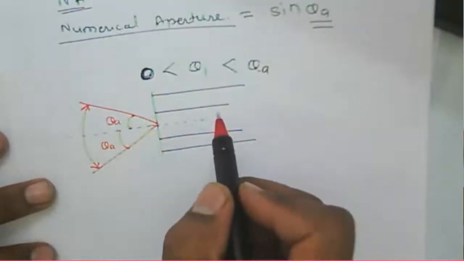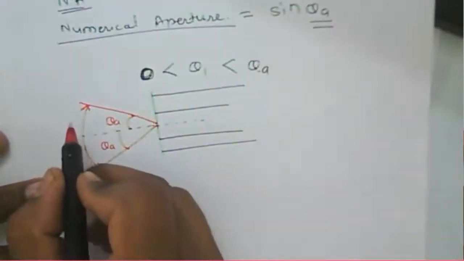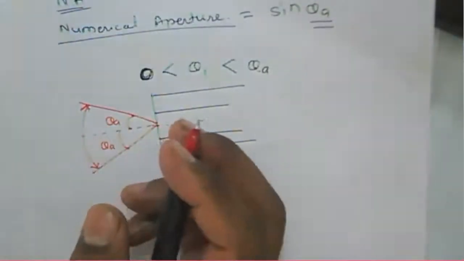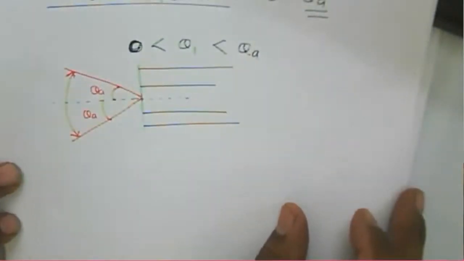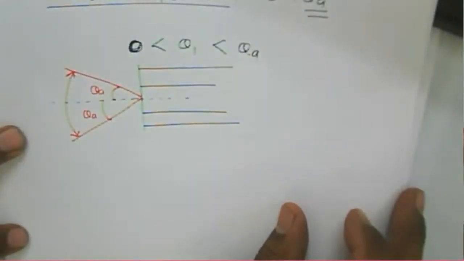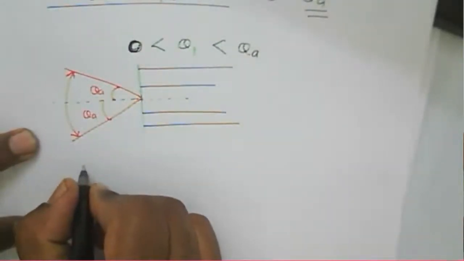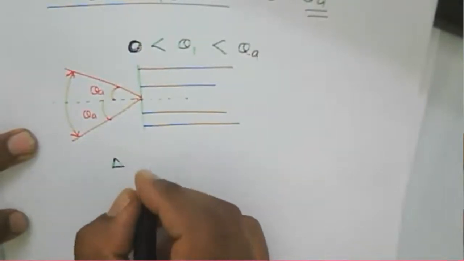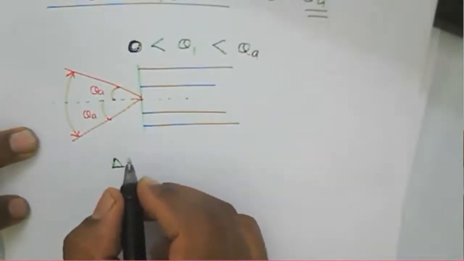Means overall, whichever ray is propagating within this angle, even if it is a meridional ray, will be in the range from 0 to theta a. That will be propagating through the fiber.